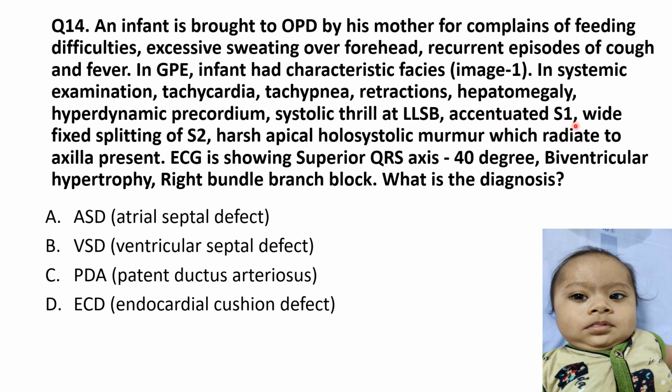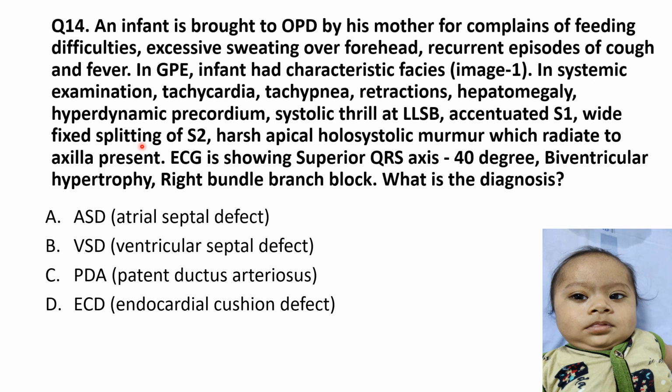Now accentuated S1 is seen with MR, TR. So we should think that the patient has VSD with MR. Now wide fixed splitting of S2 is seen in either atrial septal defect, right bundle branch block, or TAPVC, total anomalous pulmonary venous return.